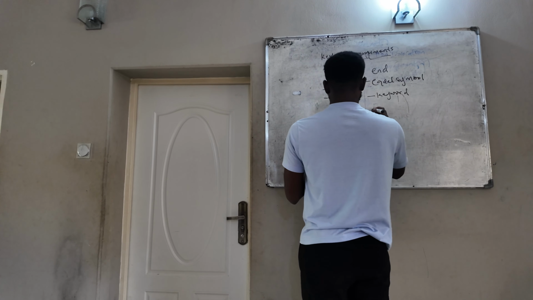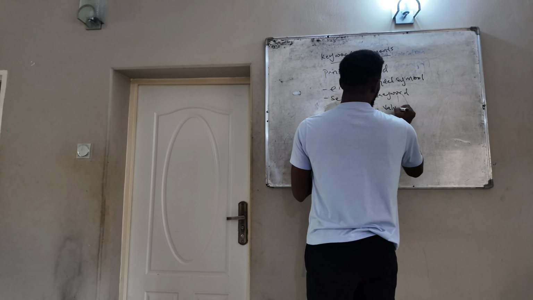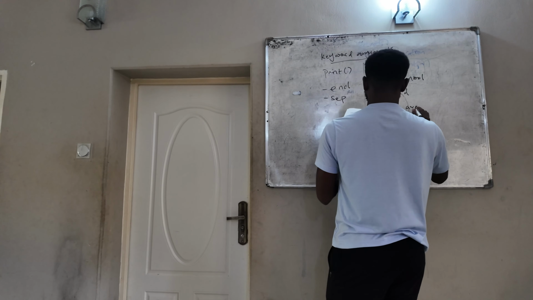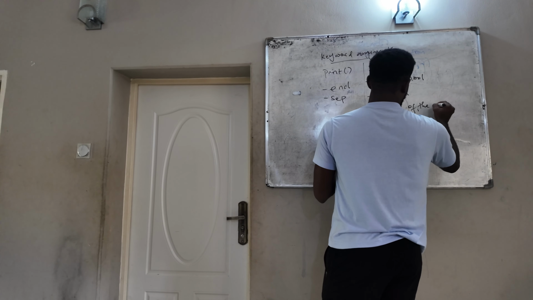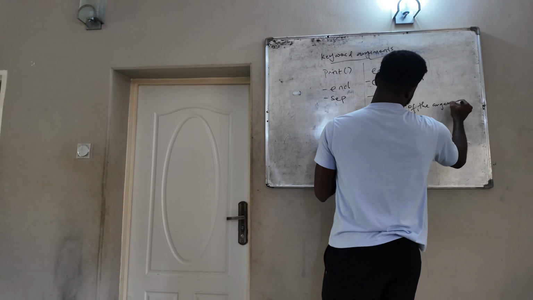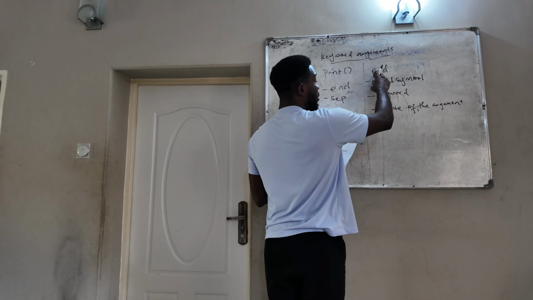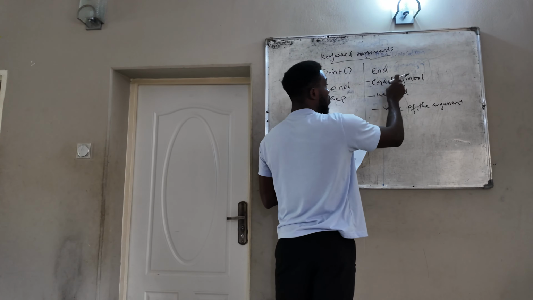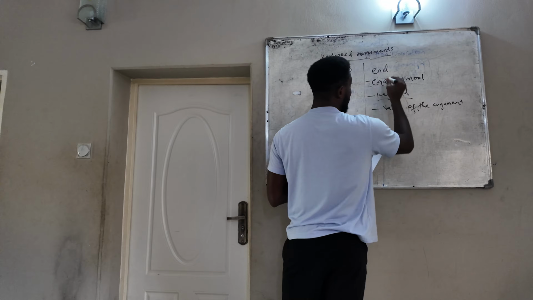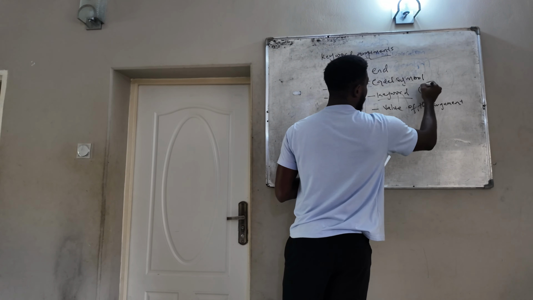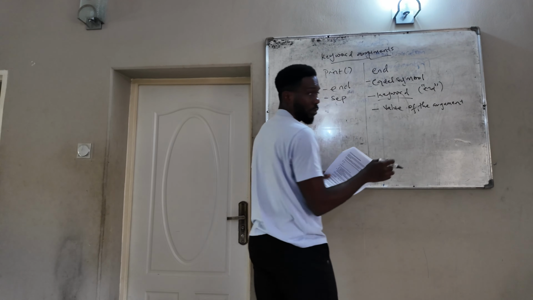And three, there's the value of the argument. So three things you should take note of: the equal symbol, the keyword itself, which is the end, and the value of the argument.